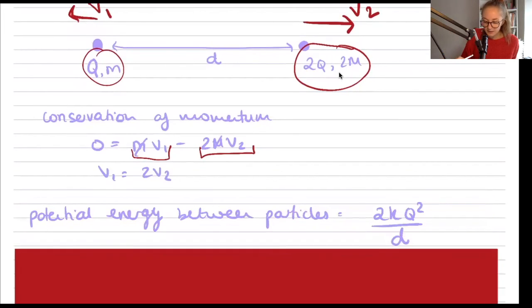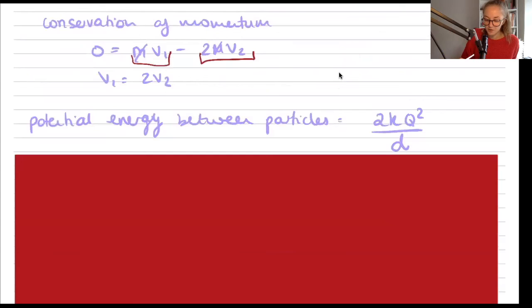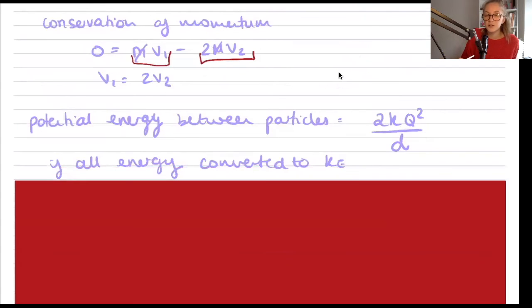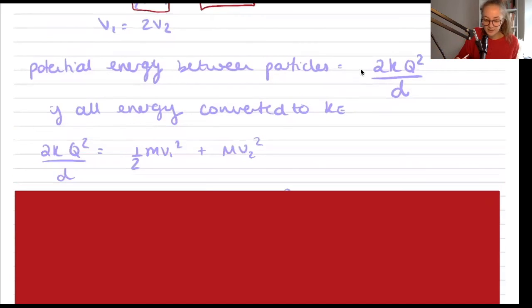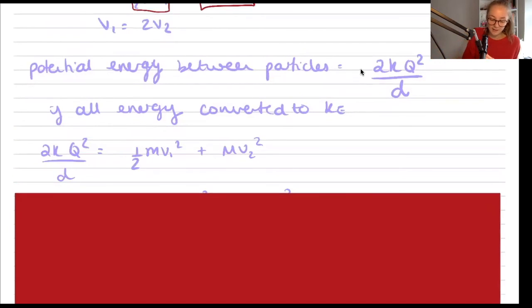And then the next thing we want to do is conservation of energy, because we're essentially converting all of this potential energy into kinetic energy if we were to say that V2 will be as fast as possible. So that implies that all of the energy was transferred to kinetic energy. So our potential energy is equal to half m V1 squared plus half 2m V2 squared.